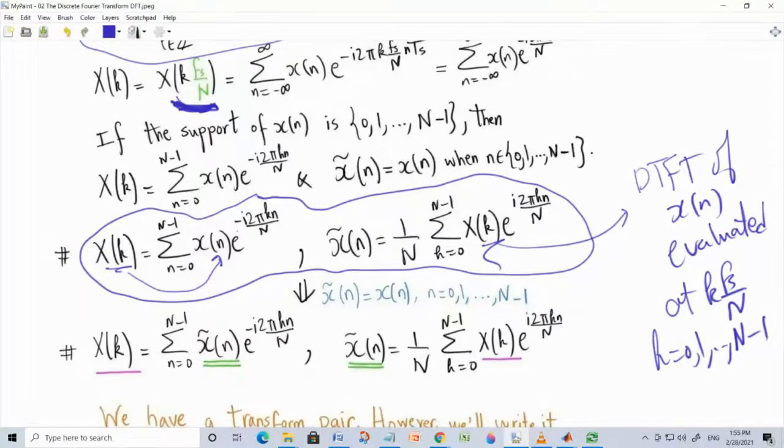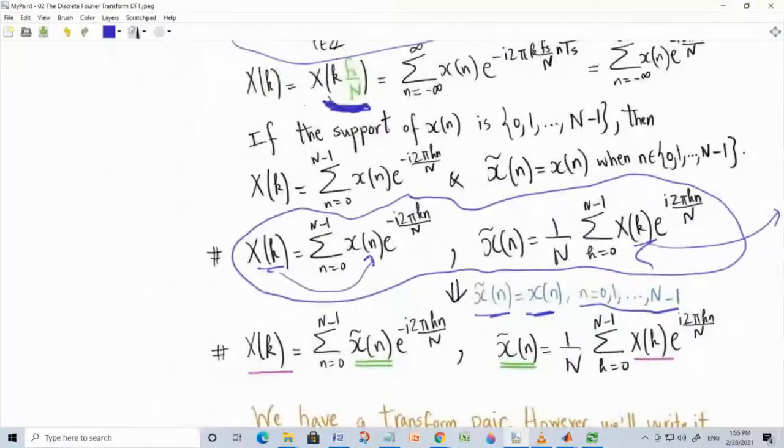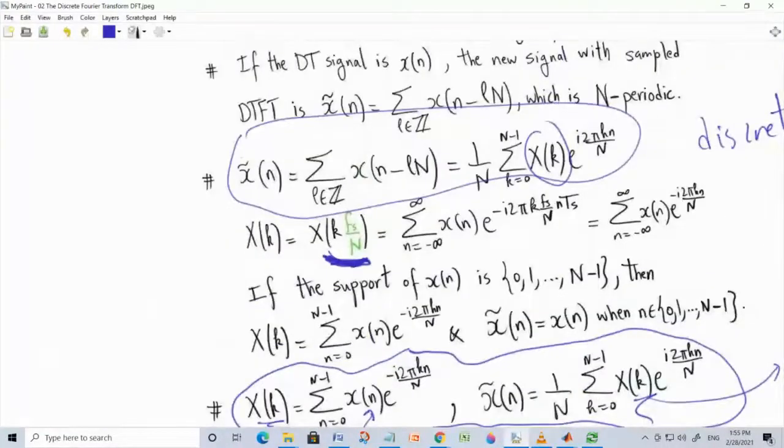So if your signal is really time limited and you choose v equals n, then x tilde of n is equal to x of n over this range, right? Remember, x tilde of n is equal to this summation here.